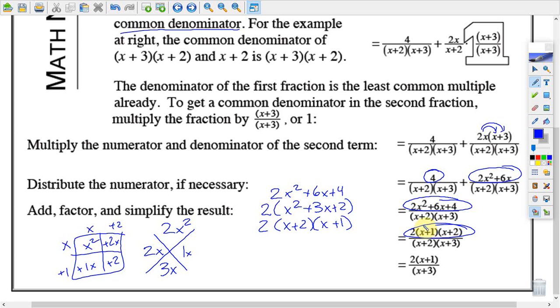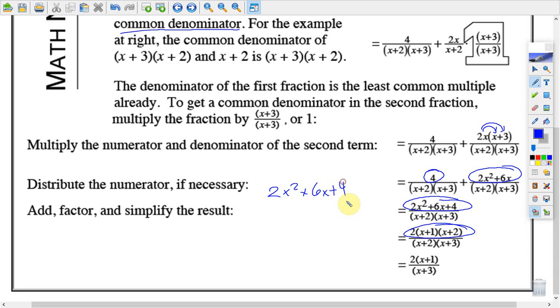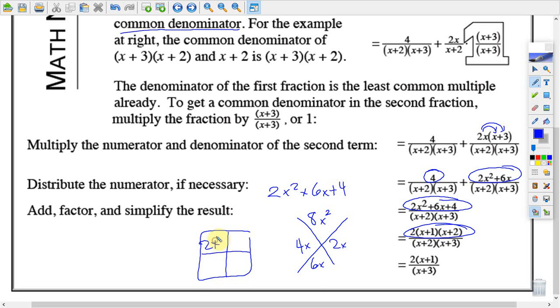Now, if I didn't notice that the 2 was factorable right away, I still can do that just fine. What happens is then we get 2x squared plus 6x plus 4. Our diamond problem now is going to be 2 times 4, which is 8x squared, 6x on the bottom, which now gives us 4 times 2 to give us 8, and 4 plus 2 to give us 6. Our area model now looks like this.